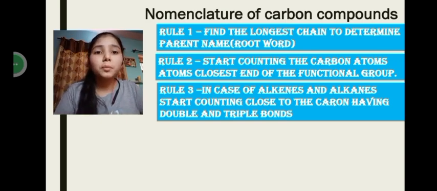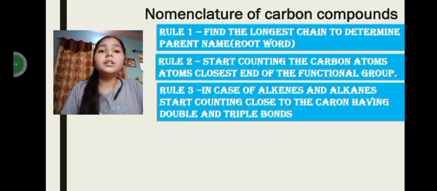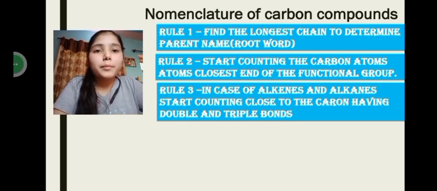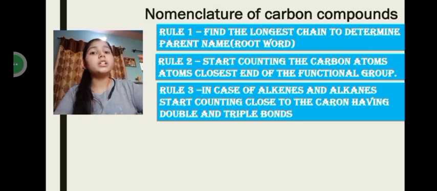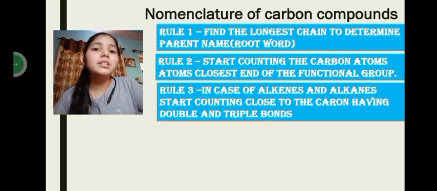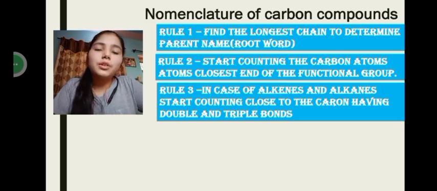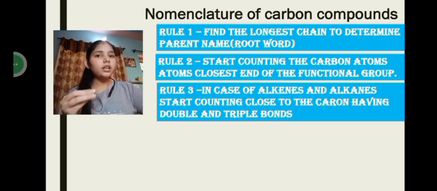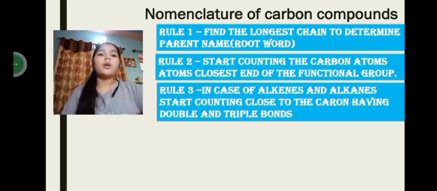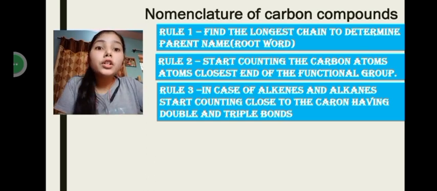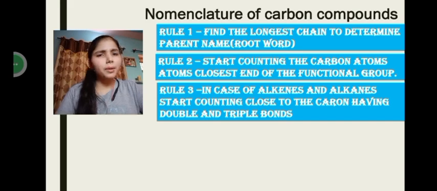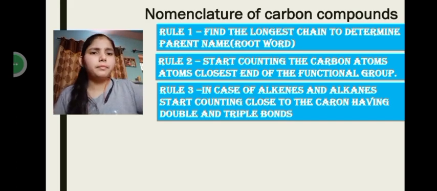The unsaturation point is where double bonds and triple bonds are present. So identify the unsaturation points and start counting from there if a functional group is not present. Otherwise, prioritize your functional group.